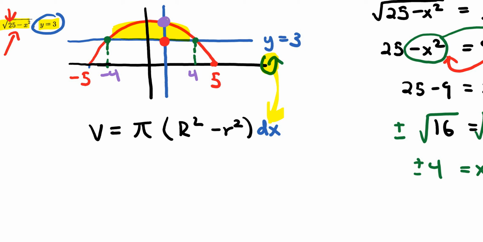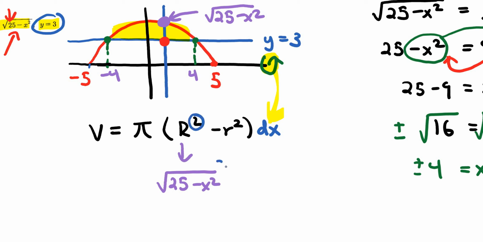I've already established that the purple dot right here represents the big R, and the equation of that top function is the square root of 25 minus x squared. So this becomes the square root of 25 minus x squared, raised to the power 2, minus, and this red dot right here represents the bottom function, which is simply this horizontal line.